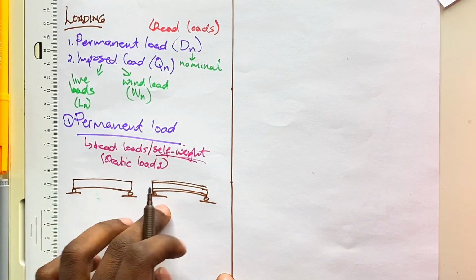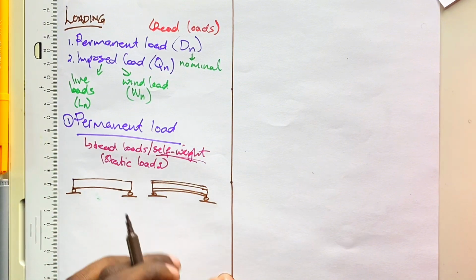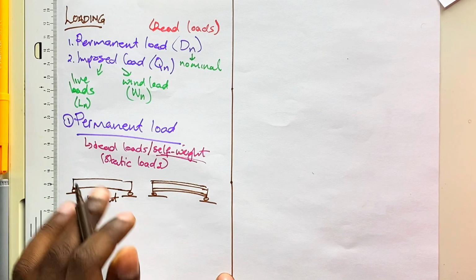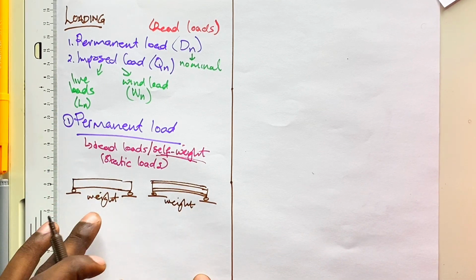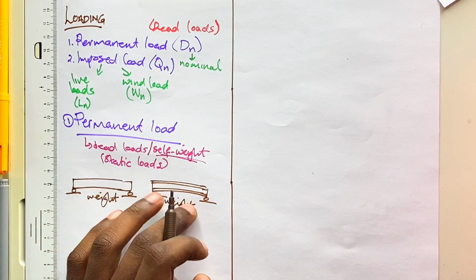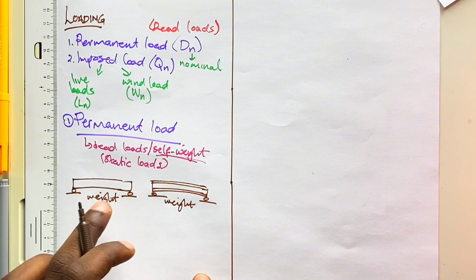A structure does not just float in the air, so gravity is pulling them down, meaning that it will experience weight, and the weight is the force that gravity is exerting on a material. Now all matter has mass, therefore all matter will experience weight.